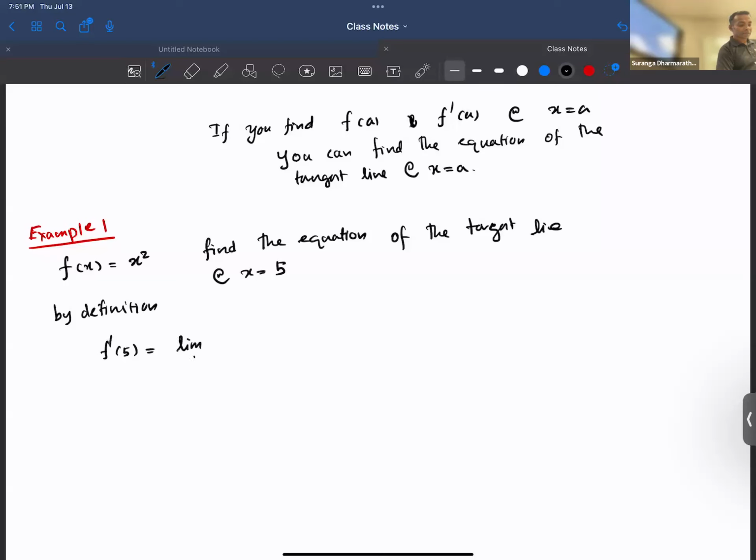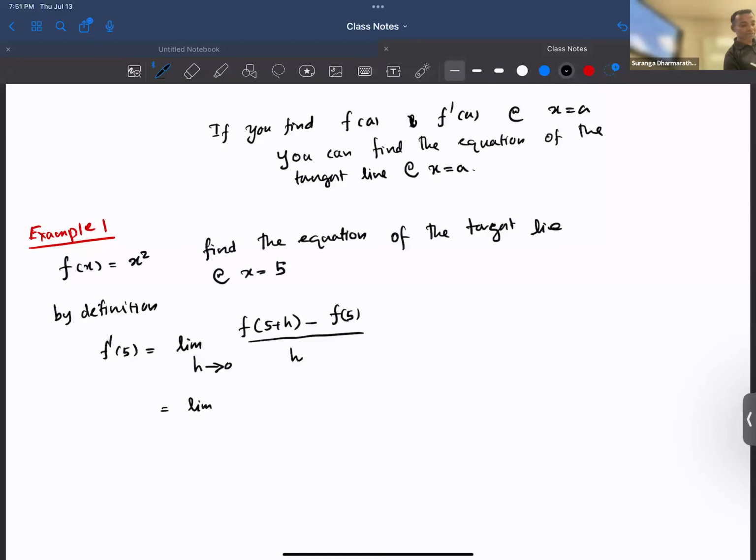Limit h goes to 0, f of 5 plus h minus f of 5 divided by h. Does everyone understand that? Okay, what we did was we substituted 5 instead of a in that definition, right?